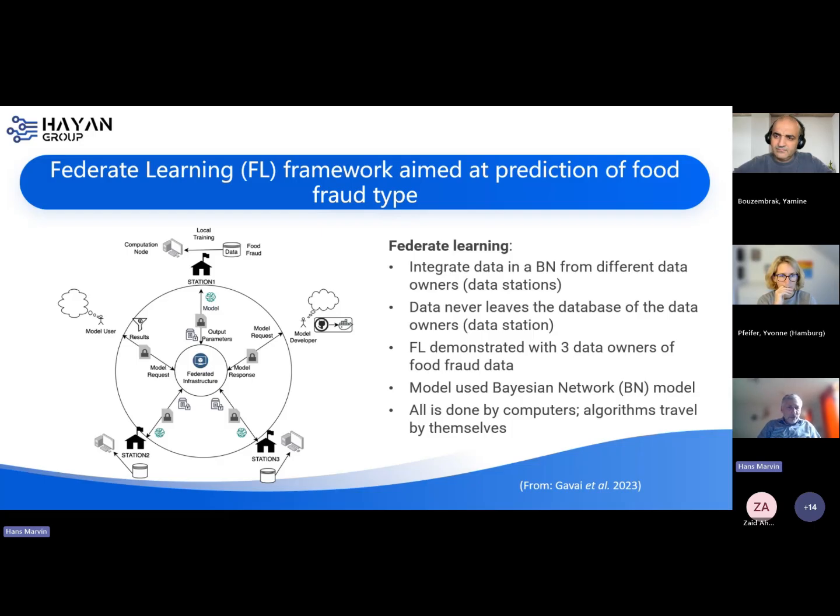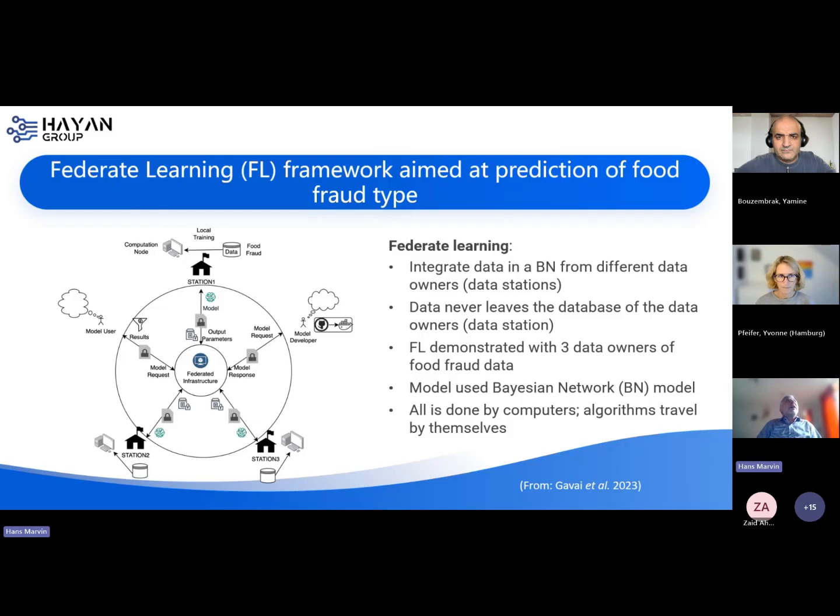Here to the left, you see a graph where on top you can see station 1, and at the bottom station 2 and station 3. Each station represents a data owner who has specific data on food fraud. Station 2 and station 3 also have the same kind of information.